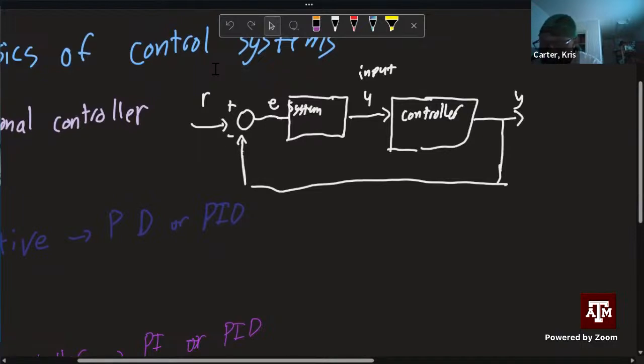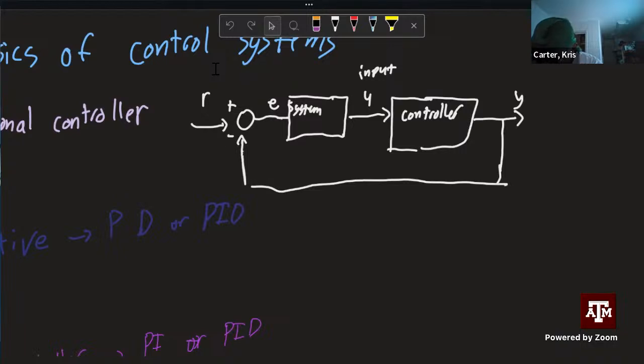But let me go back and double check and see if this is the right way to do this. Dang it, I should have trusted my instincts. I should have trusted my hot cheese and instincts, man. I got these two mixed up.